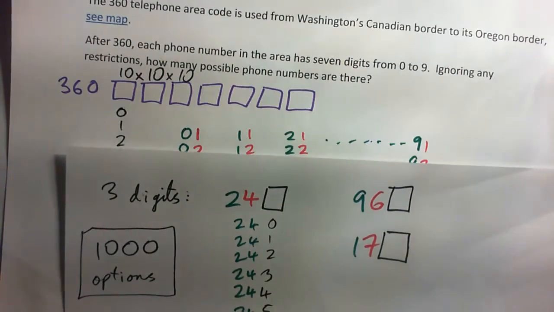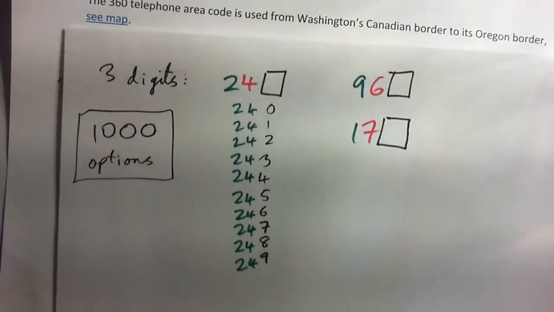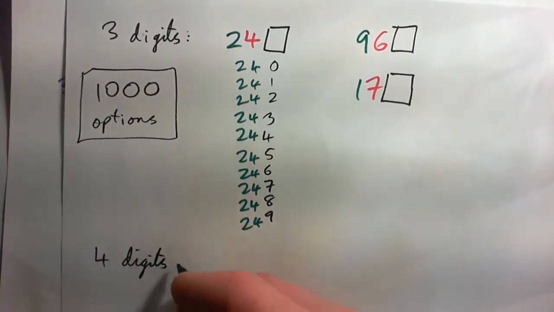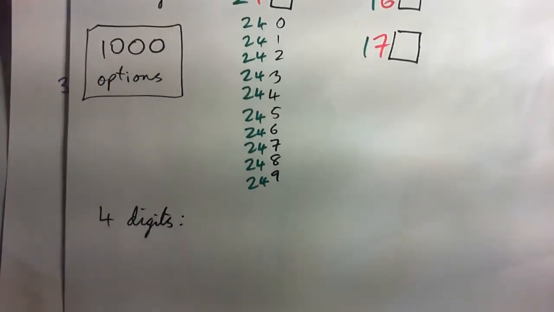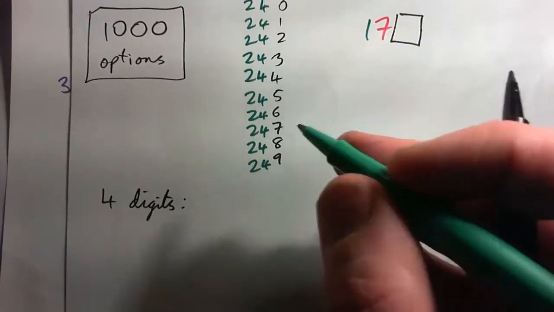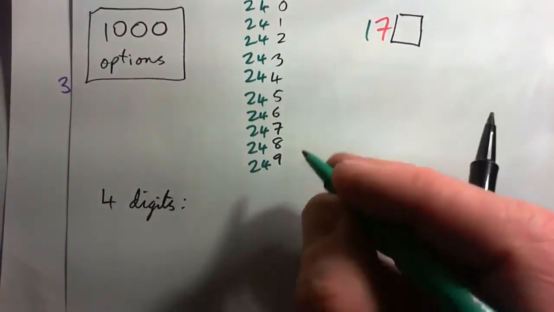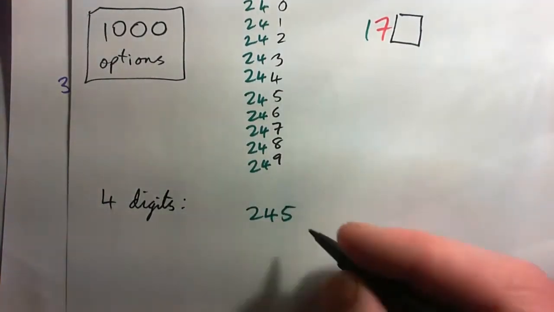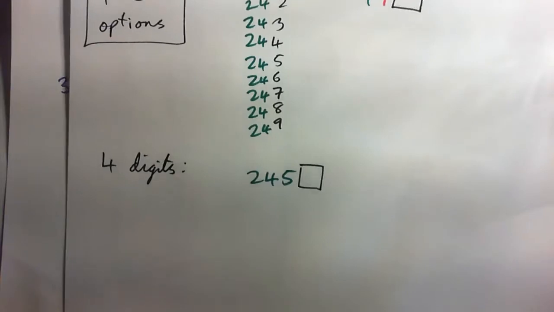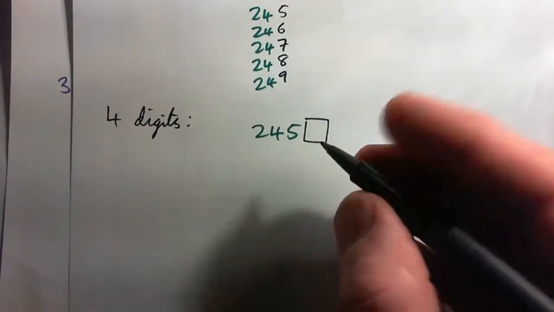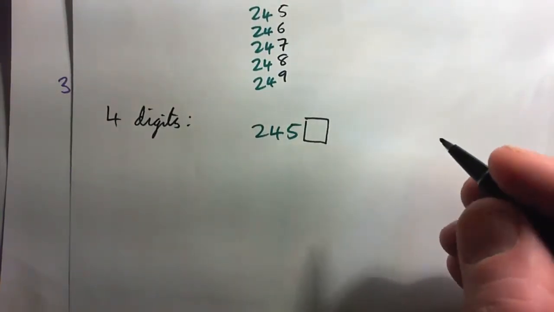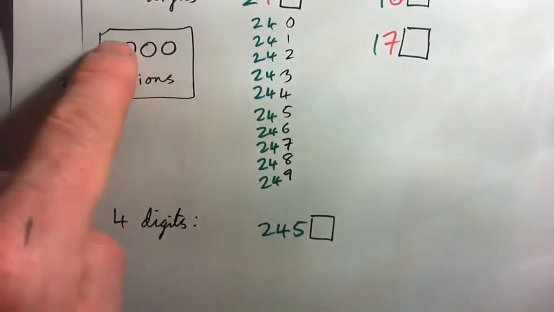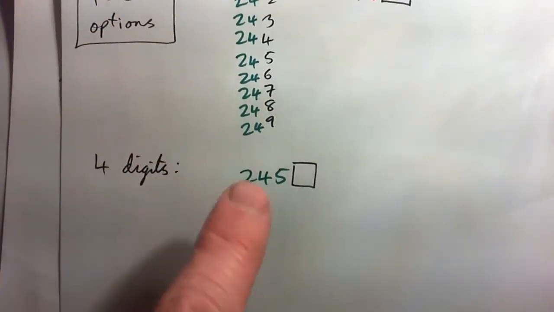For the 4th digit of the phone number, I'm going to take any 3-digit option, like 245, and I'm going to add on another digit, 0, 1, 2, 3, 4, 5, 6, 7, 8, 9. Okay, and that's going to give me, for every 3-digit option, of which there are 1,000, 10 new ones.